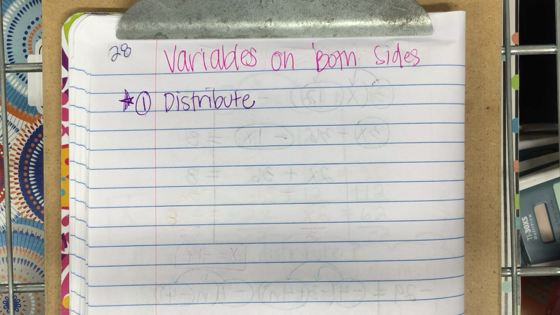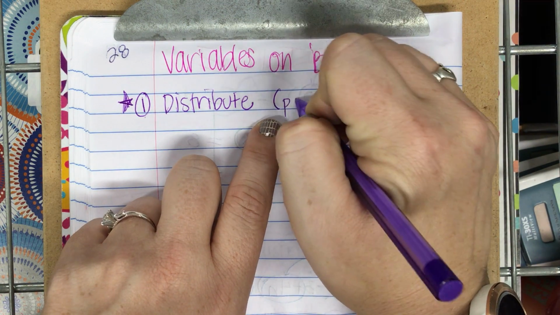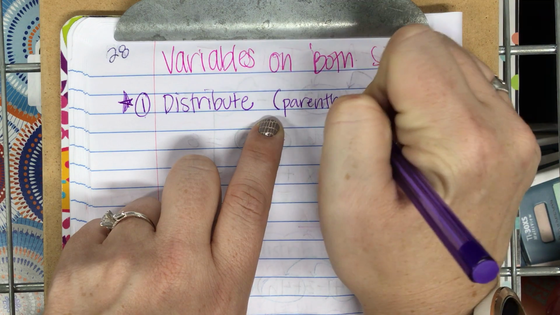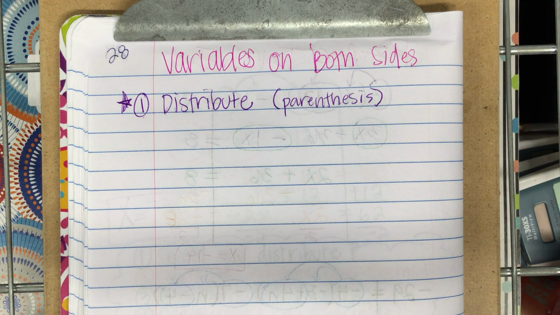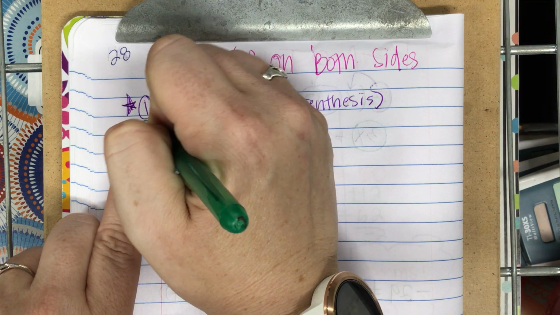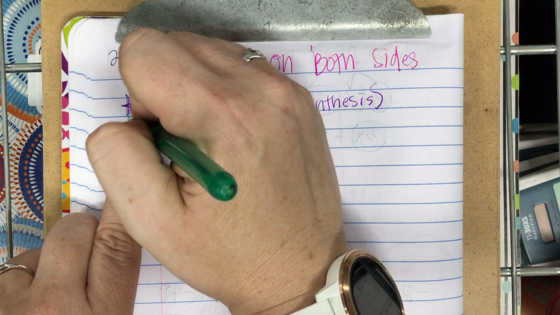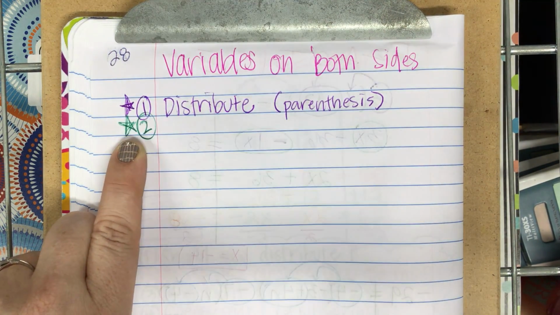We look for parentheses. If there are parentheses, yes, you should distribute. If there are no parentheses, can we skip it? So maybe we skip it, maybe we do it. After we distribute, that's always the first thing. We look, and maybe we can skip it.